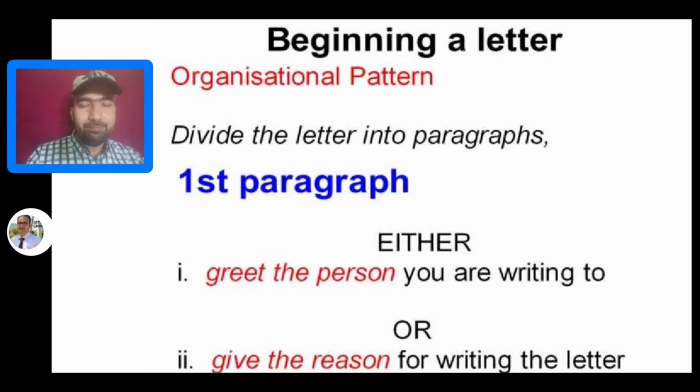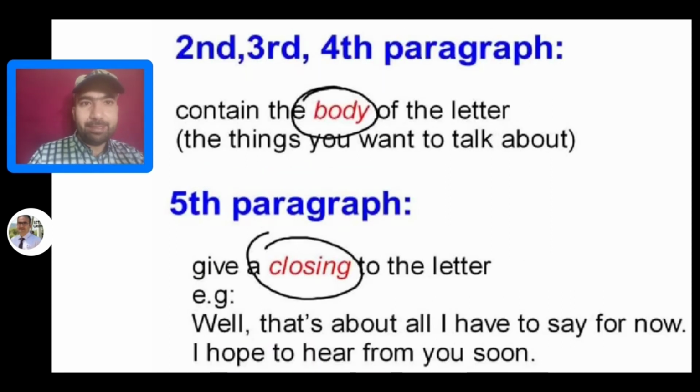In the first paragraph, greet the person you are writing to, and give the reason for writing the letter. You can greet, you can ask about the health, you can tell about your health, you can ask about the family members and pass on the regards of your family members, and you are going to mention the reason for writing. Why are you writing this letter? There must be a reason in the first paragraph.